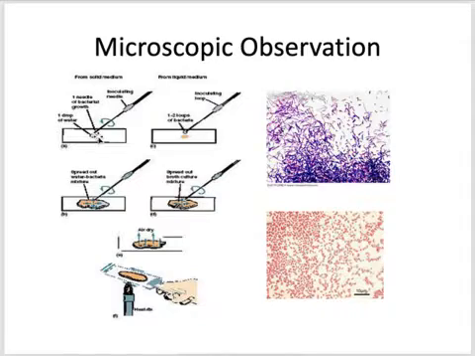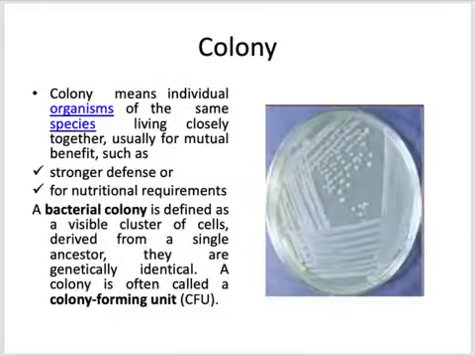Then we have a special device which is called a loop, an inoculation loop. After the varsity opens, I'll show you how these things look. These are needle-like things. So you take your slide, put one drop of water or normal saline, then use this loop and take a very tiny amount of bacteria from the colony.